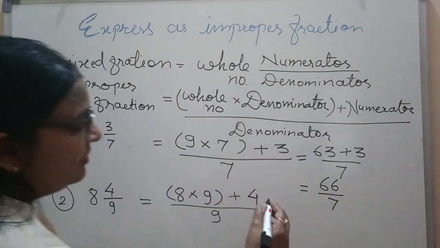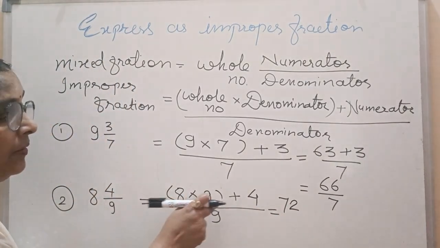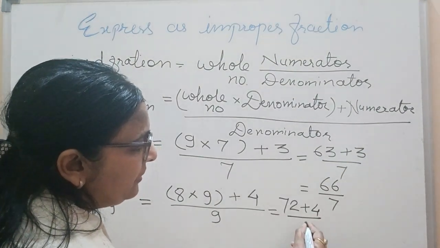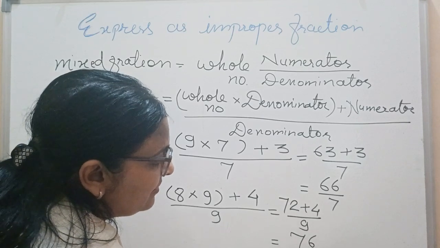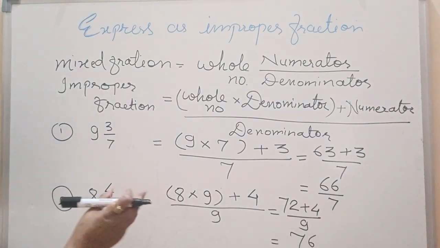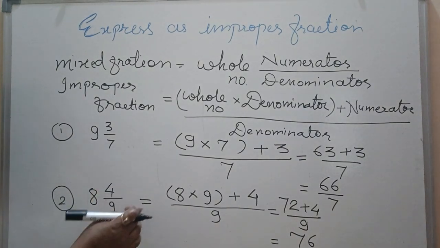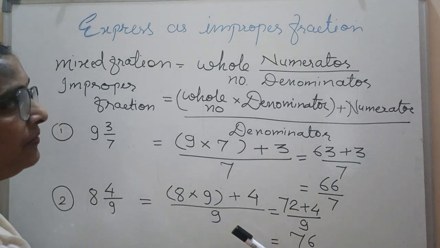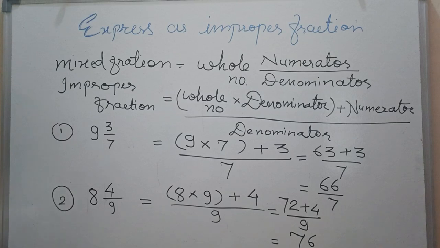Now 8 9s are 72 plus 4 divided by 9. So what you will get here? 76 by 9. Again see here, this mixed fraction 8 4 by 9, you have changed it into an improper fraction 76 by 9.